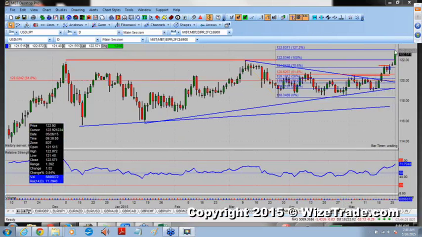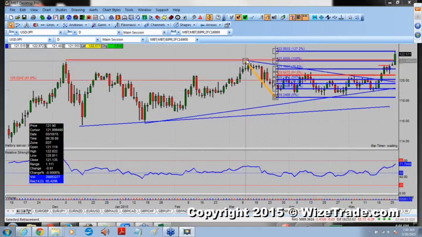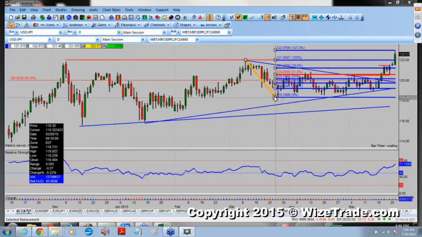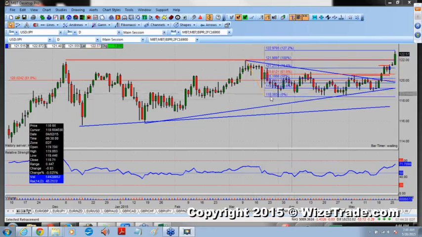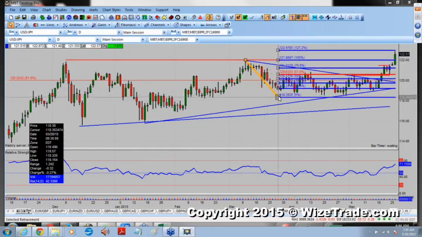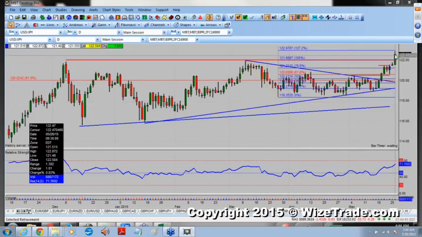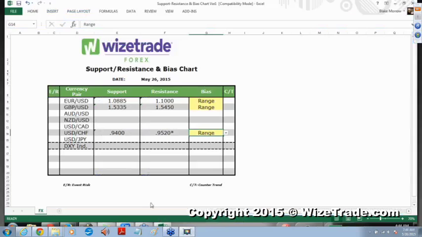127% extension comes in at 123. Yeah, it comes in at 123. The high overnight, 122.87. Might still be huge resistance at 123.